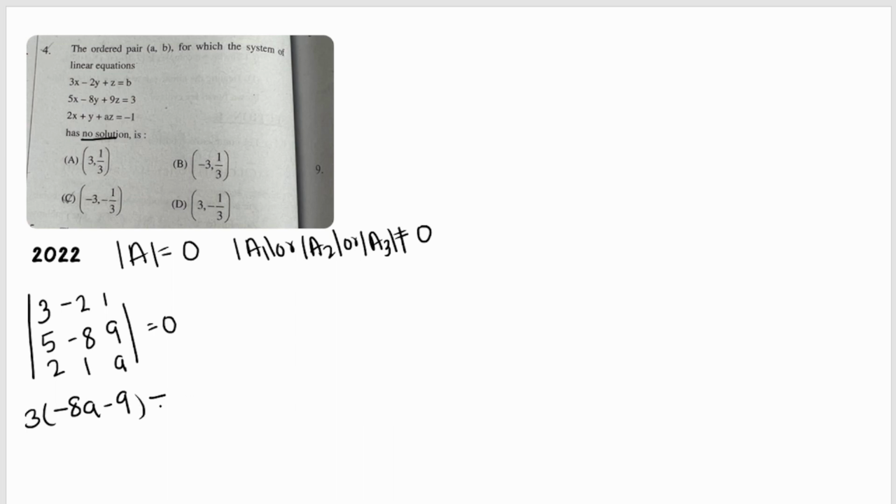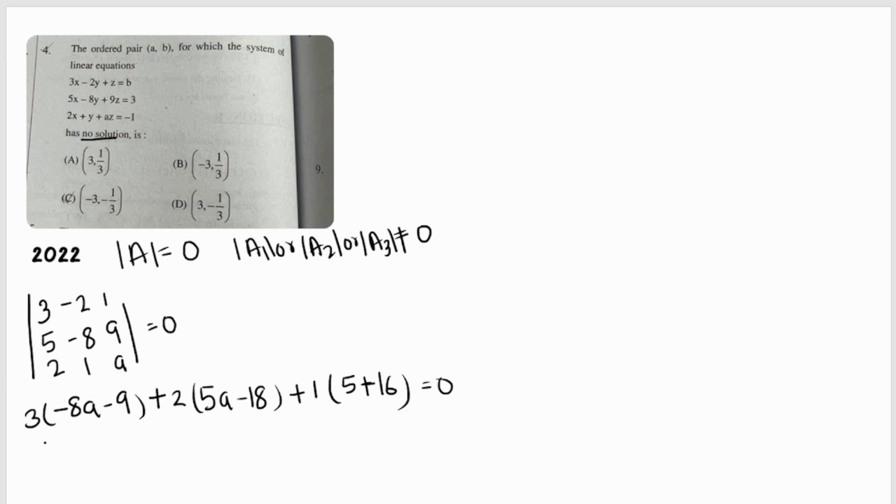Then you have minus of minus 2, that is plus 2 into 5a minus 18, plus 1 into 5 minus of minus 16. A2 is 16. Okay. We have a minus 8 over here. So minus of minus is plus 16 equals 0.